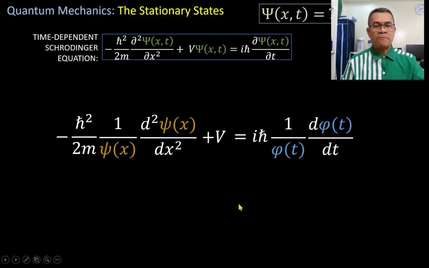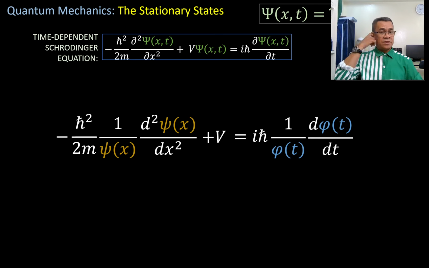Okay? Now, the good thing is this right member is a function of time only, and the left member is a function of position only, meaning we successfully separate the variables.